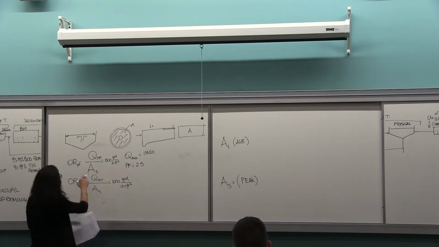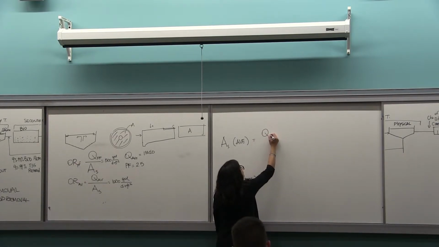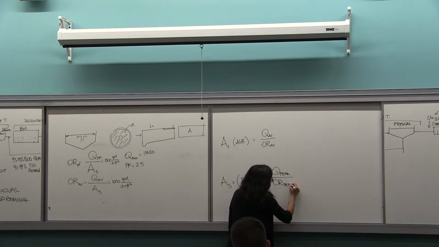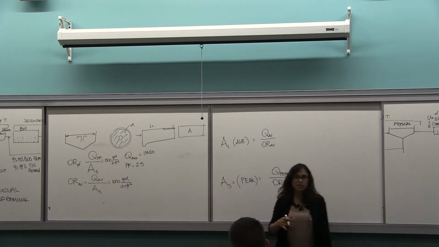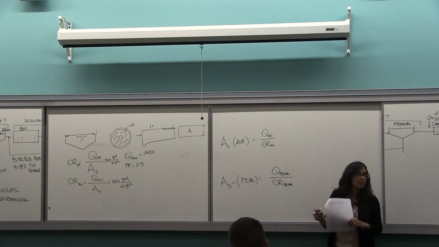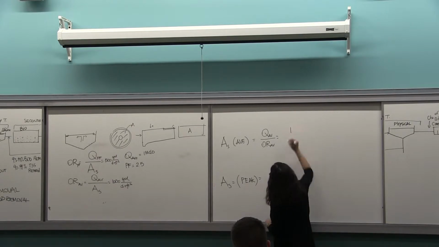So I just need to, in the case of the average, it will be Q average over overflow rate average, and this is Q peak over overflow rate peak. We will do both calculations. You can probably, once you put all of them, know which one is going to be larger. But so average, we have 1 mgd.